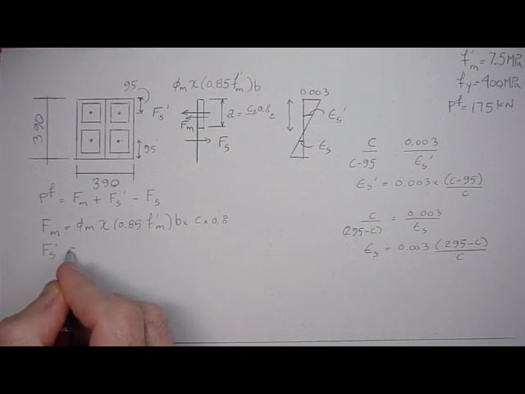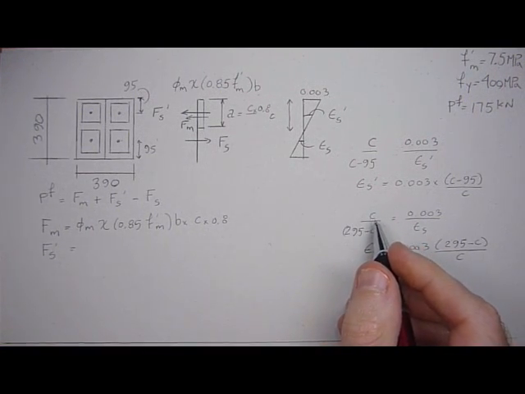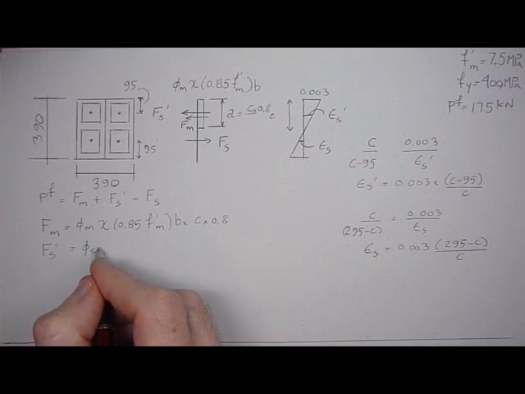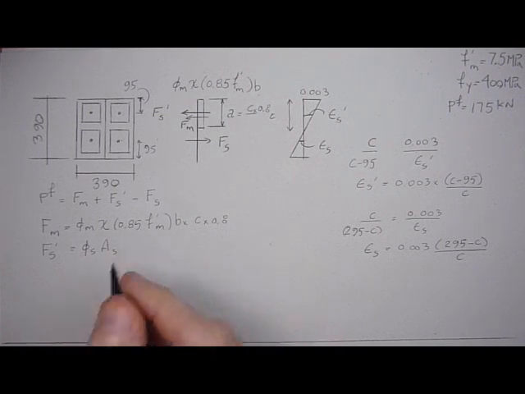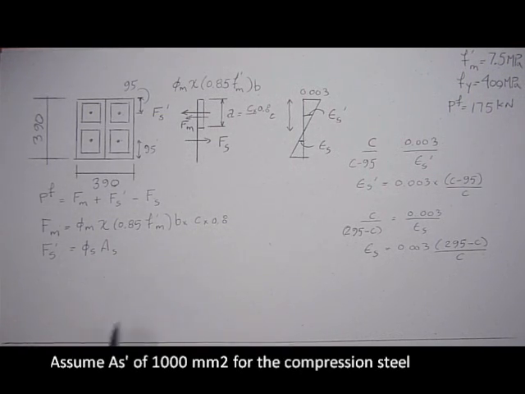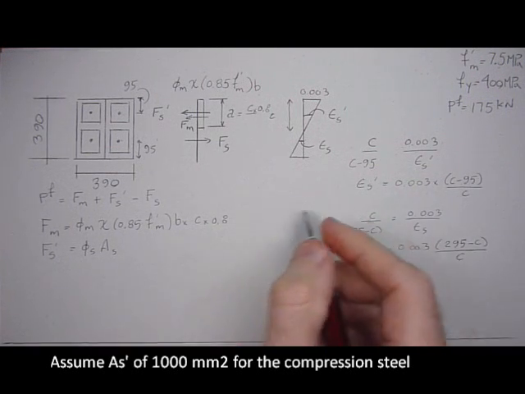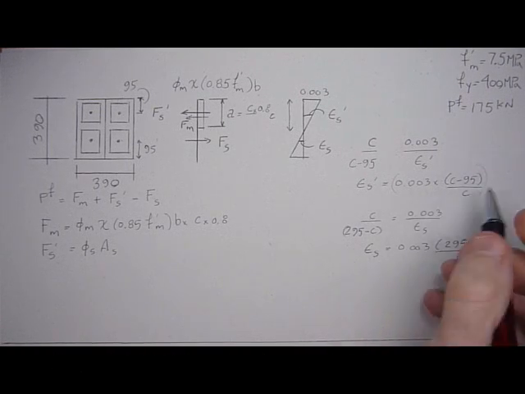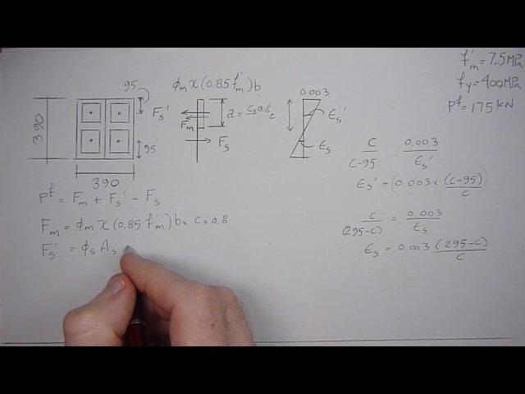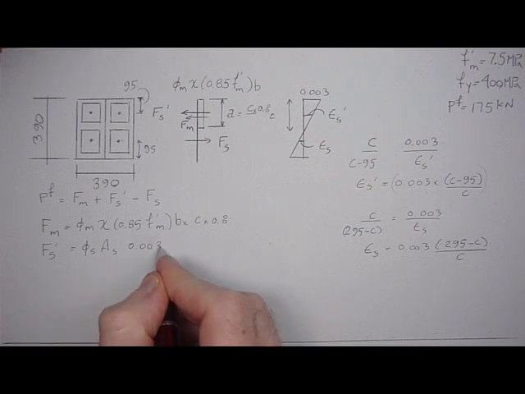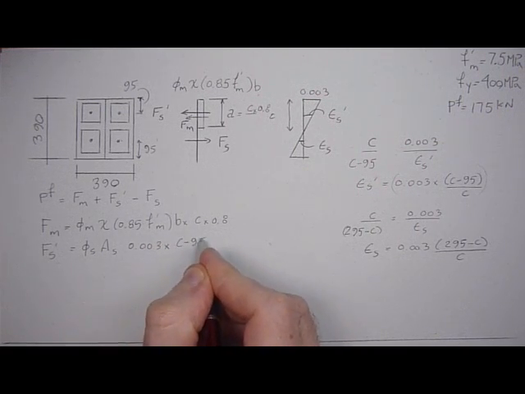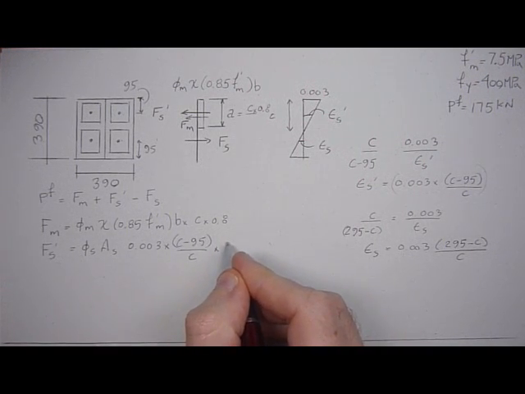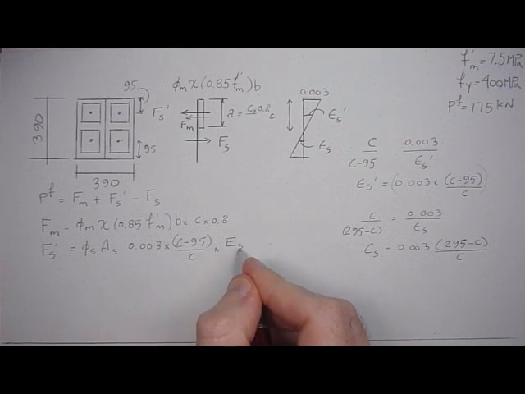And the force in the steel prime, which is also compressive, is going to equal the phi of the steel, 0.85, times the area of the steel times the stress in the steel. But we don't know if it's yielded or not. We're assuming it isn't yielded, so it's going to be the strain in the steel prime, which is this, times the modulus of elasticity. That gives us stress, E times strain. So that's going to be 0.003 times C minus 95 over C times the E of the steel, which is 200,000.